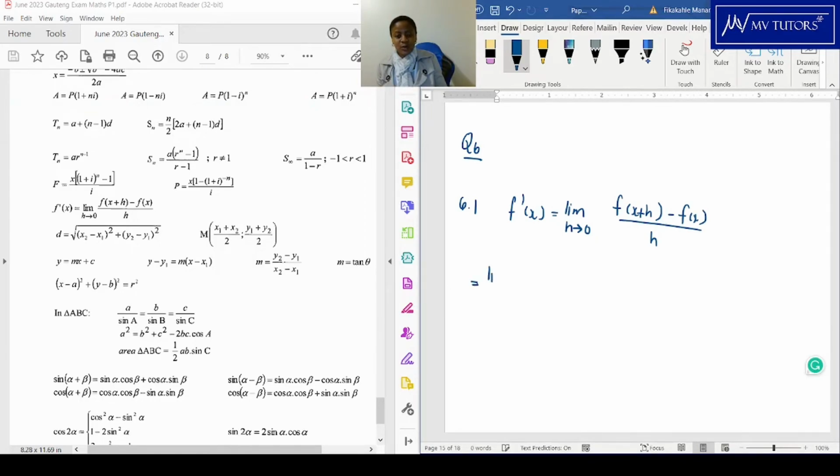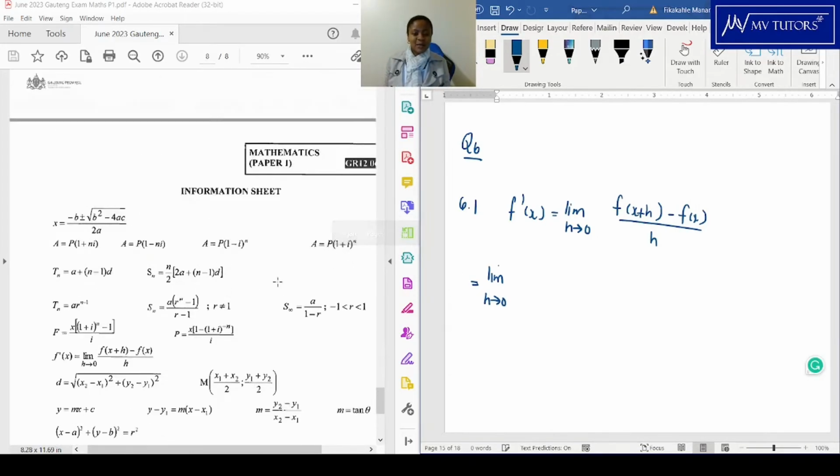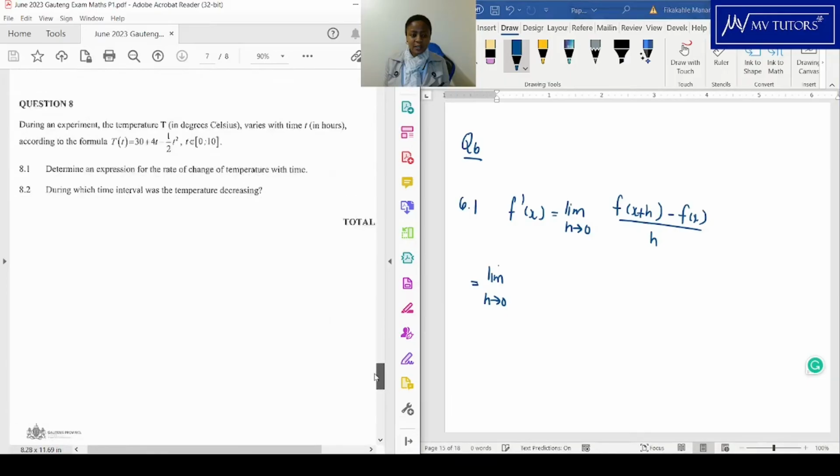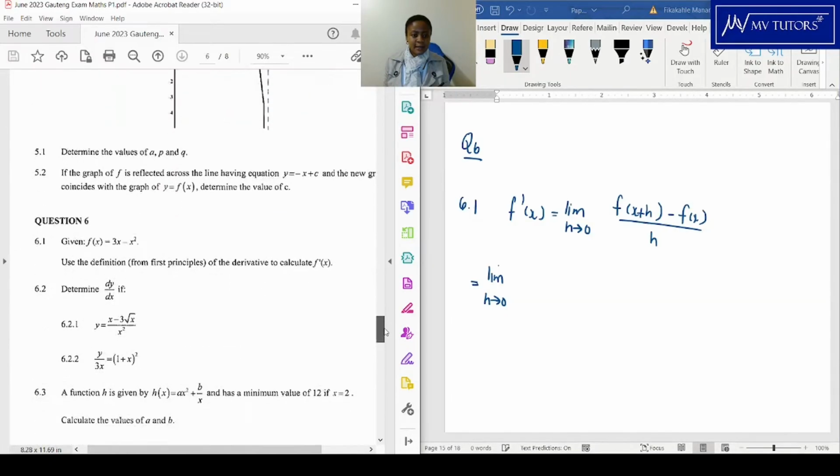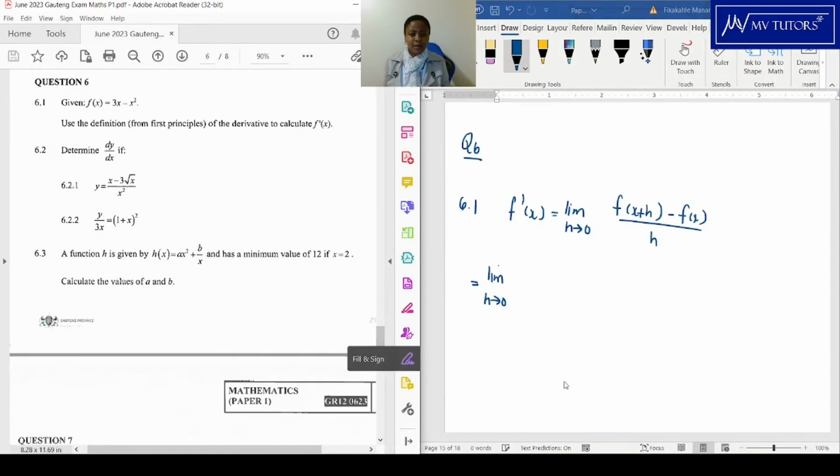So we're going to go limit as h tends to 0. Let's go back to the function. There we are. Okay, so we can see now in the place of x, we're going to substitute x plus h.